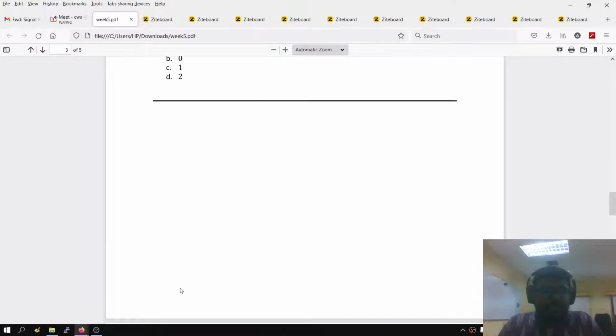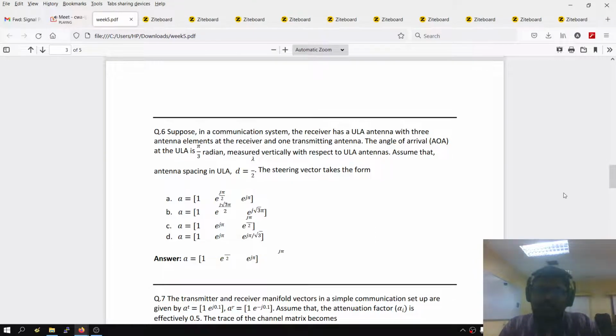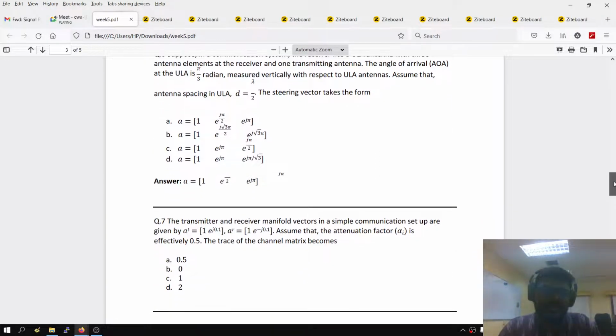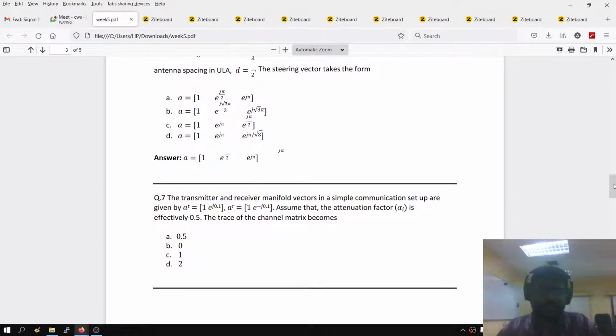So let us move to question number 7. Here it is given that the transmitter and receiver manifold vectors in a simple communication setup are given by a_t equal to 1, e to the power j 0.1, and a_r equal to 1, e to the power minus j 0.1. We can also think of the attenuation factor, which can come from the phase equation or anything, it is only giving the attenuation.